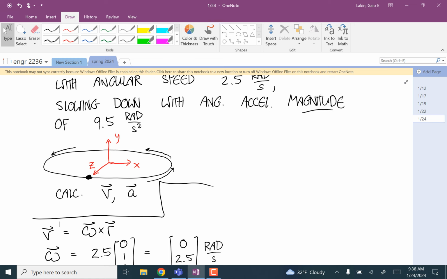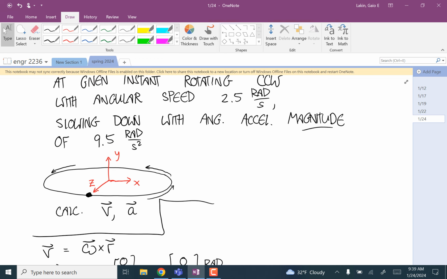Yes. If this was going clockwise, or we were looking at it upside down, what would change? If it was going clockwise, the rotation would be this way, and so your fingers would be that way for the right-hand rule. And so your omega would be in the negative y direction, but the 2 would stay positive.